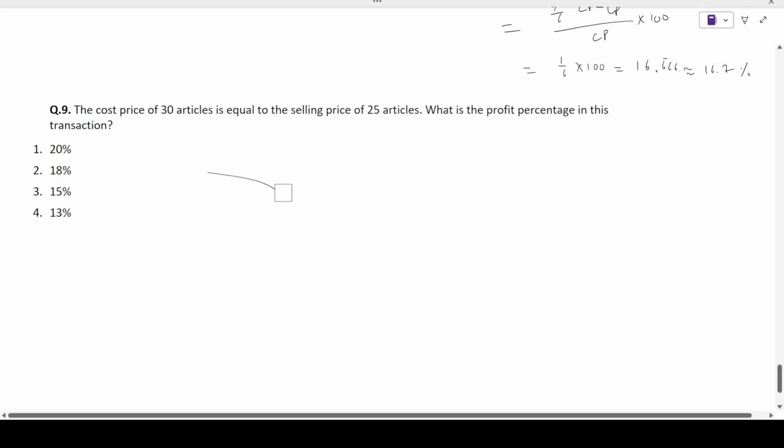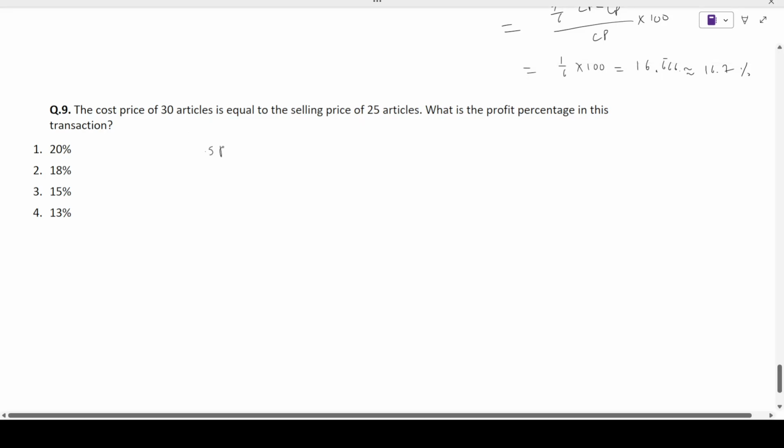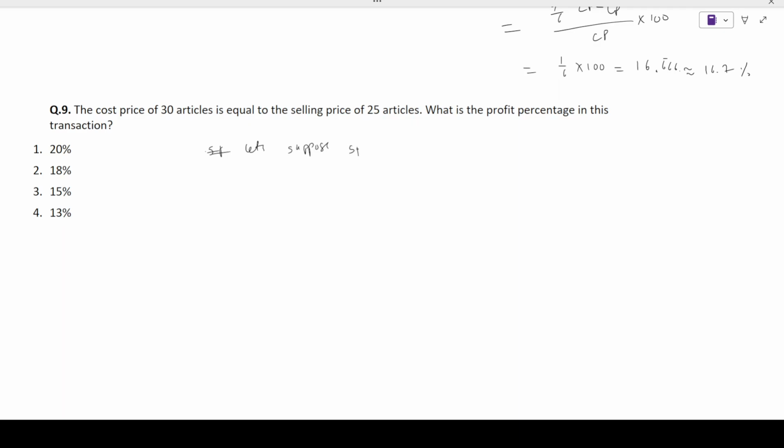So just like we did in the previous question, let us suppose the selling price of each article is SP, and let's suppose the cost price of each article is CP.